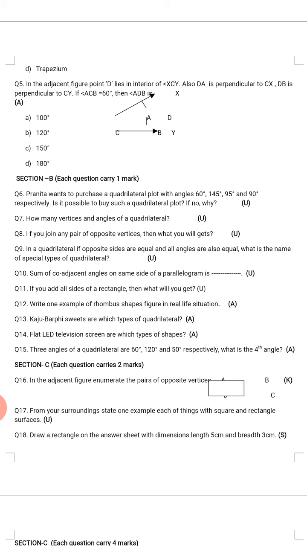This question goes to understanding, because all sides and all angles are equal.